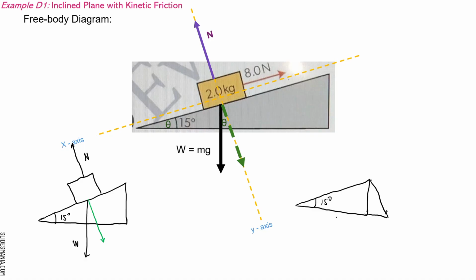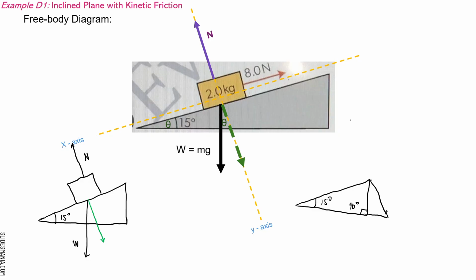The weight is always perpendicular to the surface, or in this case, because it's inclined, we consider the base of the triangle, and that's perpendicular. So this angle is 90 degrees. What do you remember from your geometry about triangles?